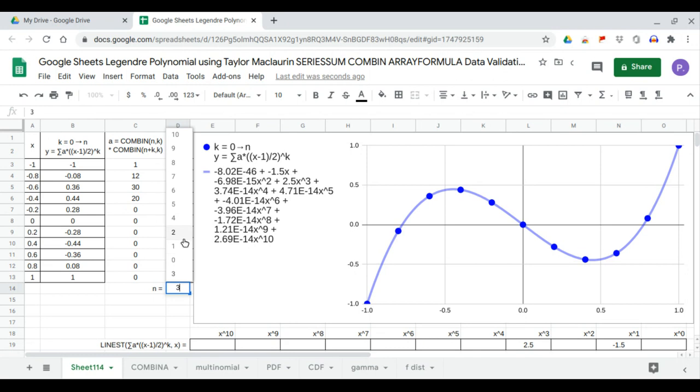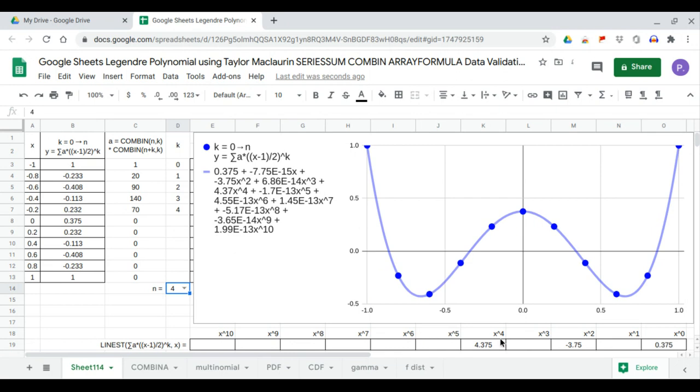And Legendre polynomial n equals 4. So our Legendre polynomial y equals 0.375 minus 3.75 x squared plus 4.375 x to the fourth, which is this. N equals 5.